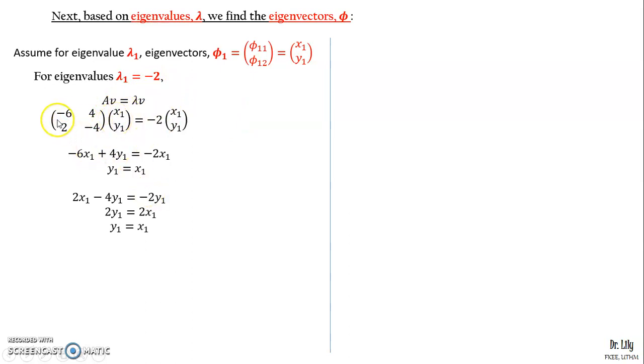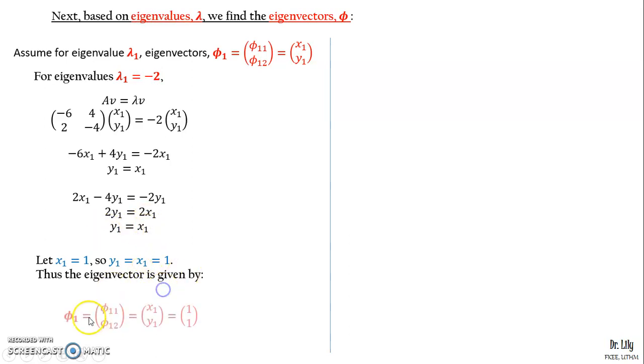For the first row, negative 6 x1 plus 4 y1 equals negative 2 x1. Then you just rearrange your equation. You will get y1 is equal to x1. Same goes for the second row. You repeat the same process. You will also get y1 is equal to x1. Once you have this equation, we say x1 is 1. So when x1 is 1, y1 is also 1. That's why eigenvector V1 is equal to 1 and 1.